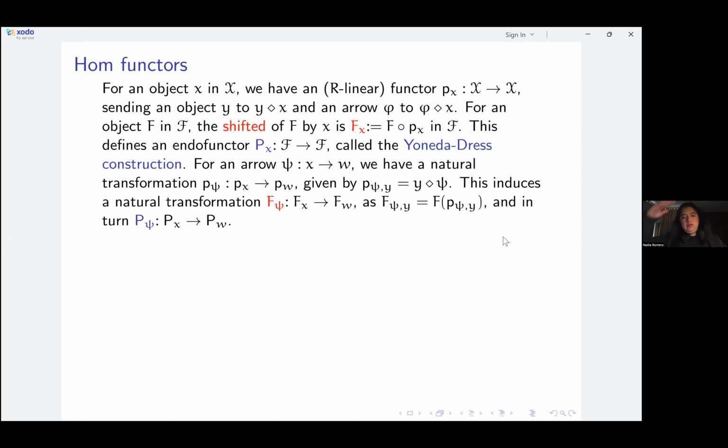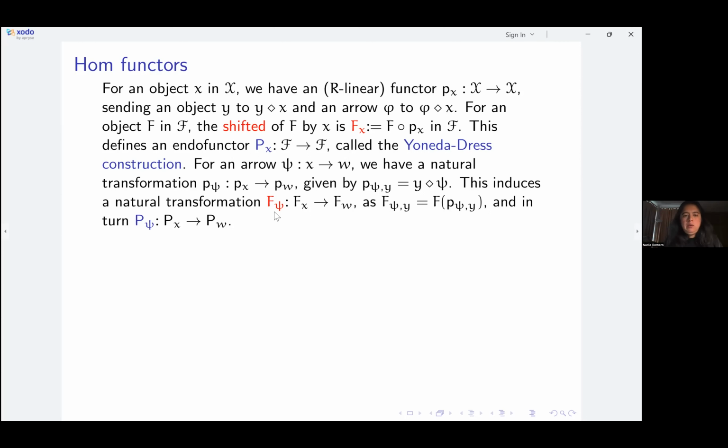So again, I go to the other level. I started on the level of X, and now I'm going to the level of F. In turn, this defines a natural transformation at the level of the shifted construction. It seems that we are adding and adding stuff, but once you write this from the definition of the shifted, it is very simple.